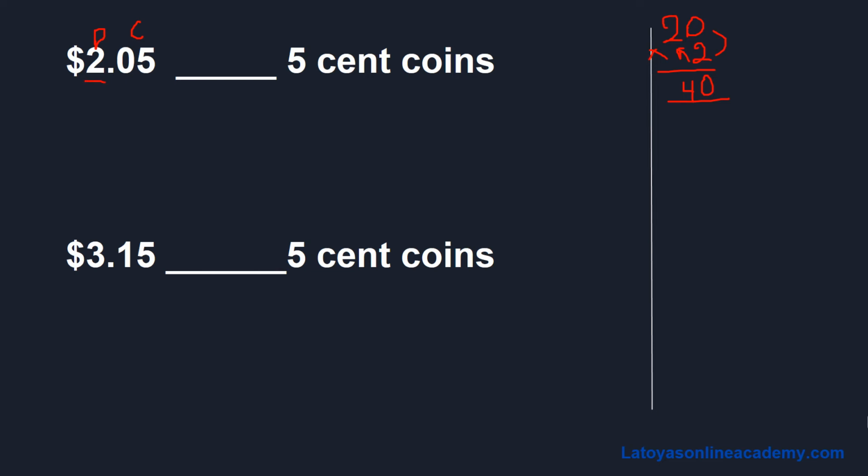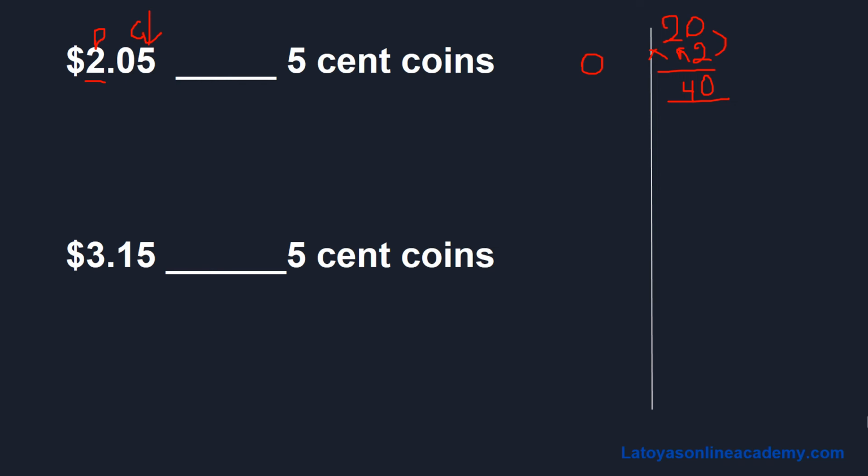Now, how many 5-cent coins do I have in 5 cents? Let's count in 5s until we get to 5. Now, this technique is very easy. Let's count in 5s until we get to 5 using your fingers or counters. 5. How many counters do I have? 1.